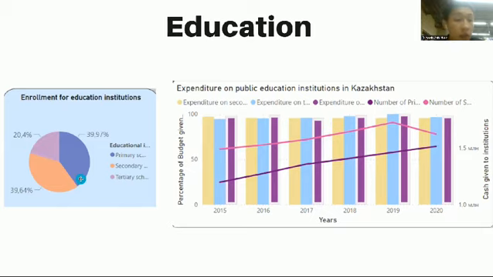Also in the pie chart, I showed the enrollment of educational students, how many students enrolled in primary school, secondary school, and tertiary school.